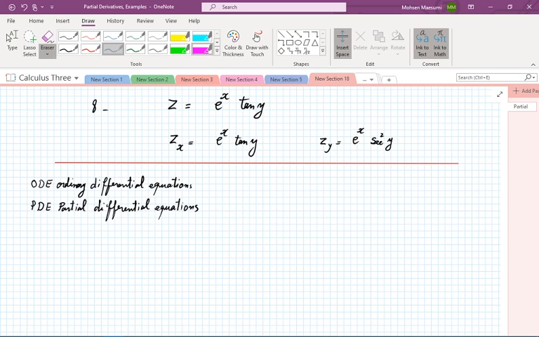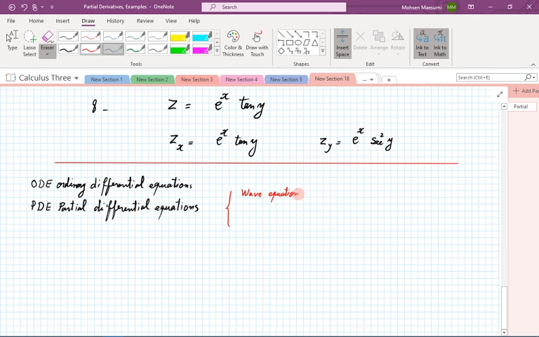Wave equation, heat equation, a large variety of equations in physics, engineering and mathematics are of these types. So we have the famous wave equation.